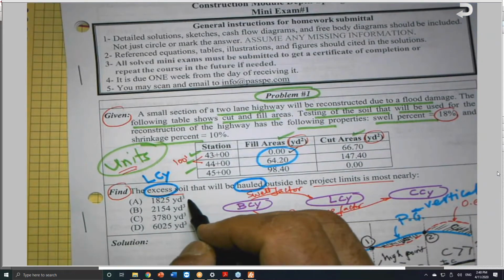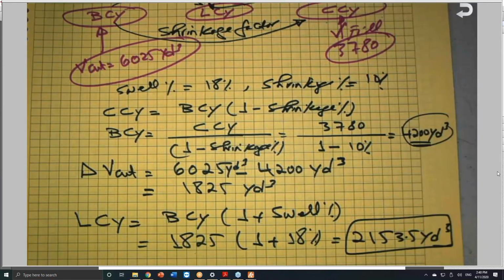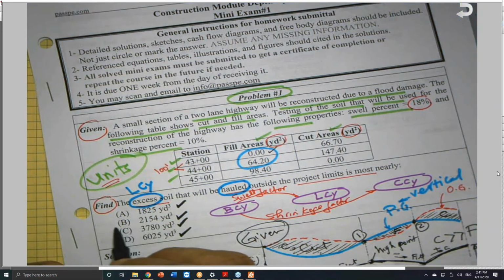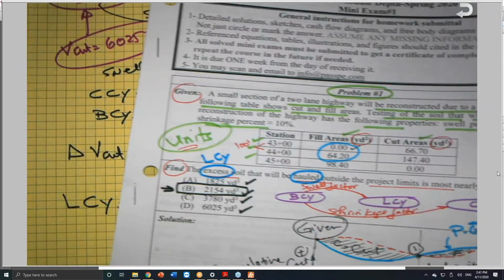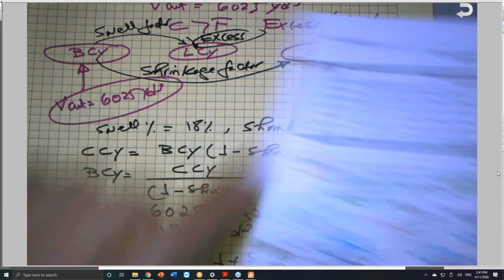In fact, you will find all the numbers we got. We have the number 1825, we have this, and we have this, and we have all the numbers. But the correct number is 2153.5, and the answer is B, as in boy. All the other numbers are intermediate numbers. The 3780, here it is.